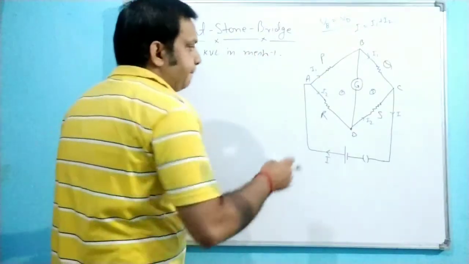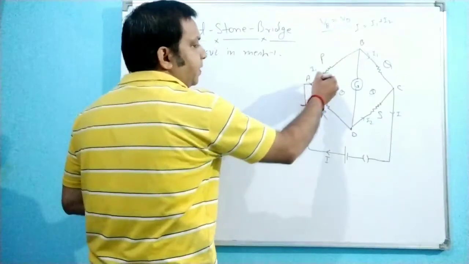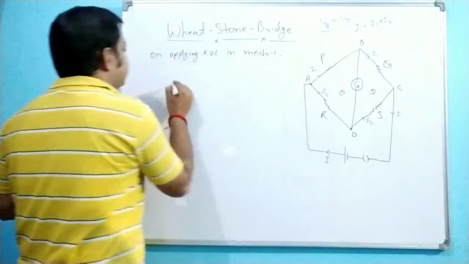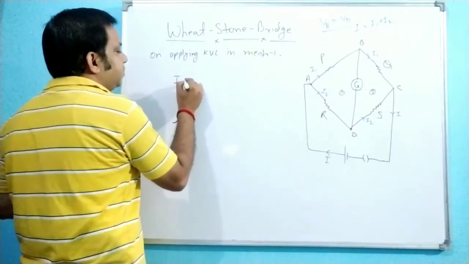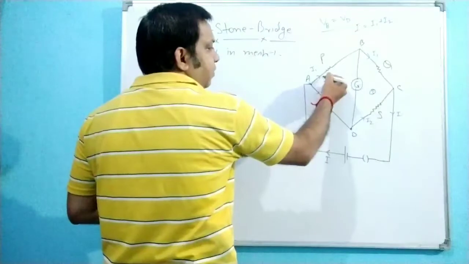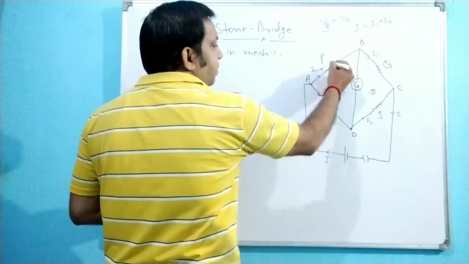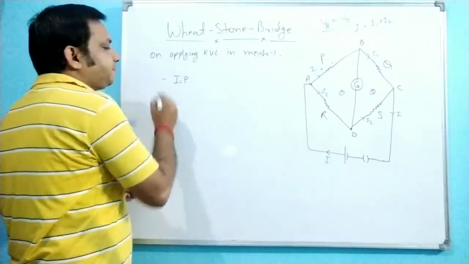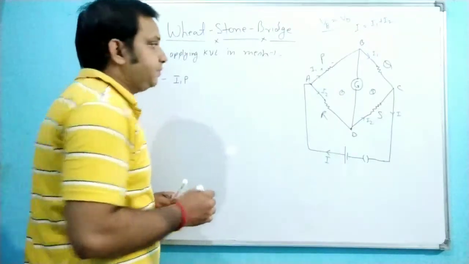So see here, I am starting from the A point. So here I1 into P. Let me check the polarity, because current flowing from this side to this side, so this one at higher potential, this one at lower potential, so there is a loss of potential, that is why minus I1P.